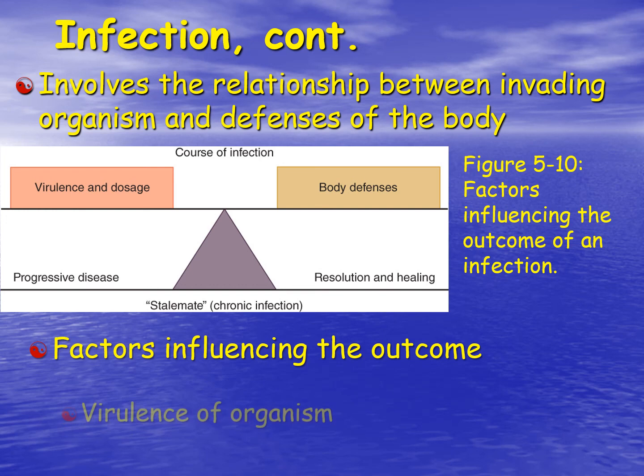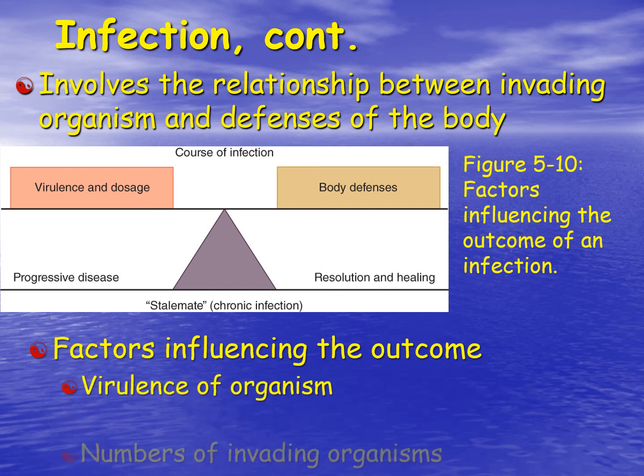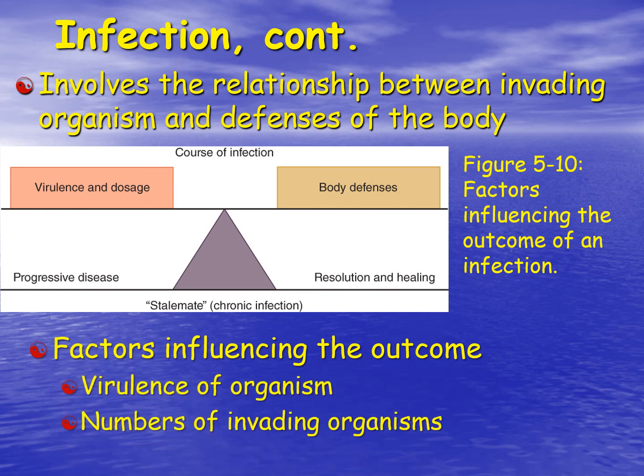Factors that influence the outcome then are the virulence of the organism and the infectious dosage, the number of invading organisms. It will only take one rabies virus to cause rabies because it is a highly, highly virulent organism.